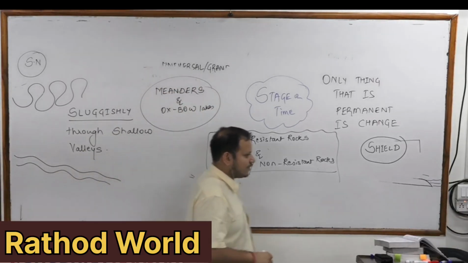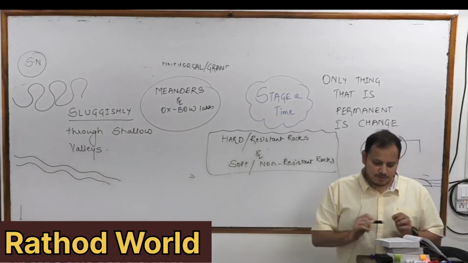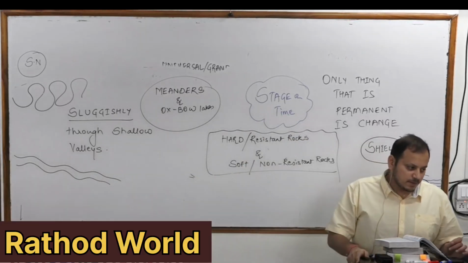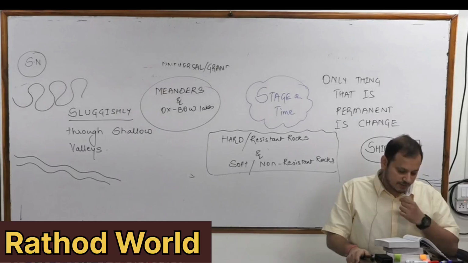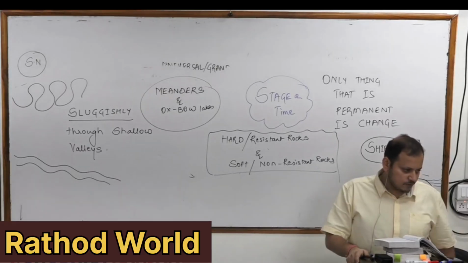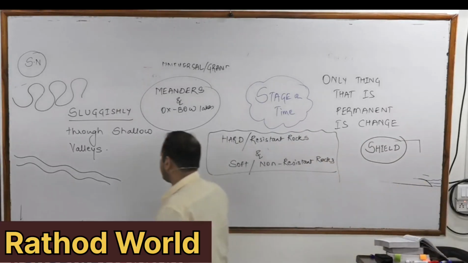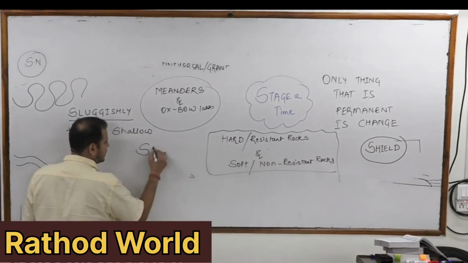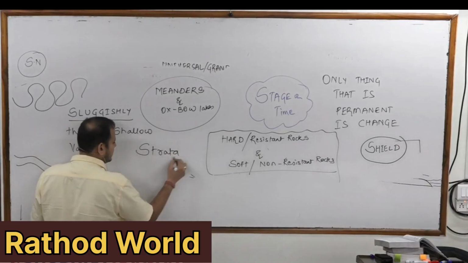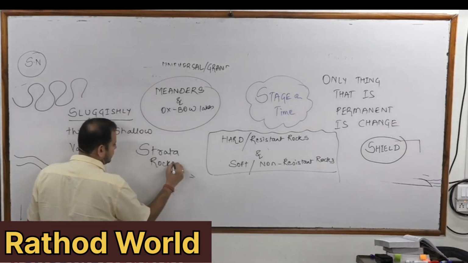Not your class. Oxbow lakes and meanders due to soft strata. Strata or soft rocks. Strata means nothing but layer of the rocks. But chalo, you can write the rocks also. Fine.